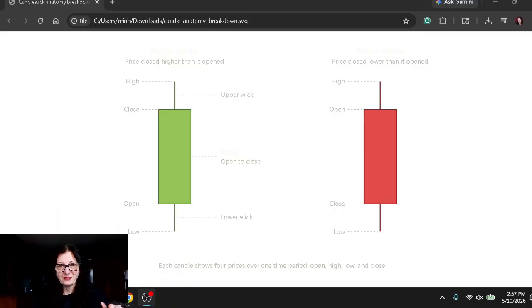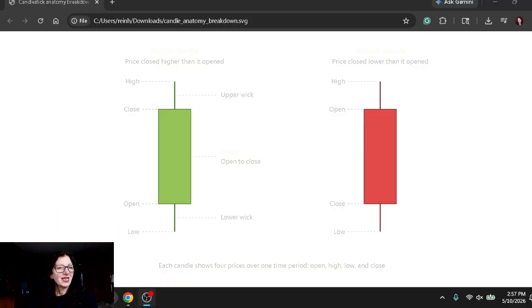A candle shows you four numbers for that period of time: the open, the high, the low, and the close. That's four times the information in the same amount of space. So once you can read candles, you won't go back. Lines feel like watching trading with one eye closed, you know? It's not good.